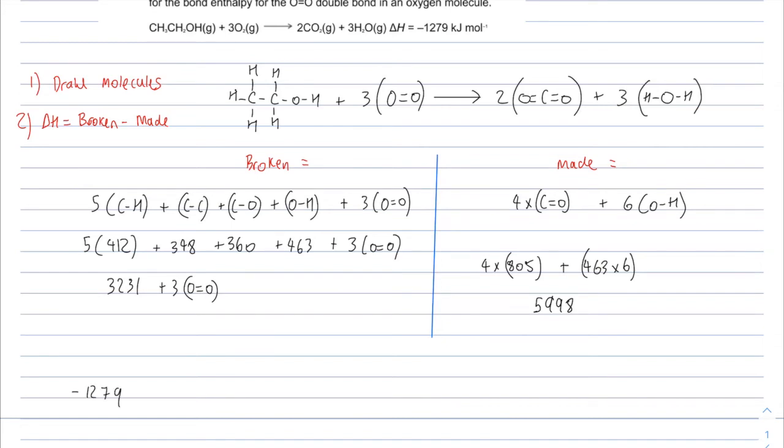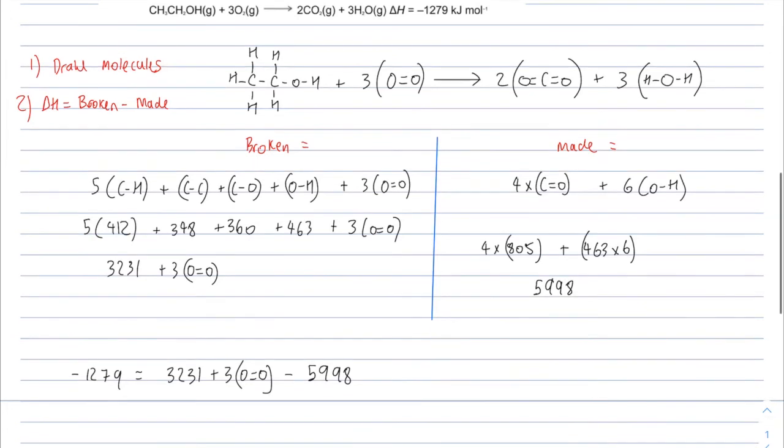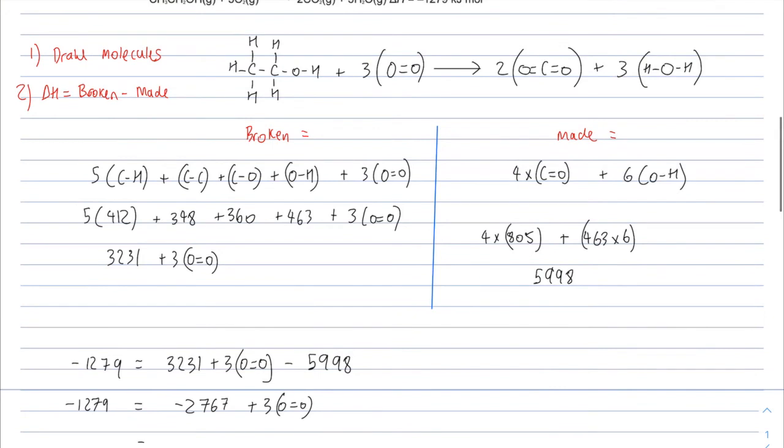So minus 1,279 equals the sum of the bonds broken, 3,231 plus 3 O=O double bonds, subtracted by the sum of the bonds made, 5,998. And then simplifying this, we get minus 1,279 equals minus 2,767 plus 300.